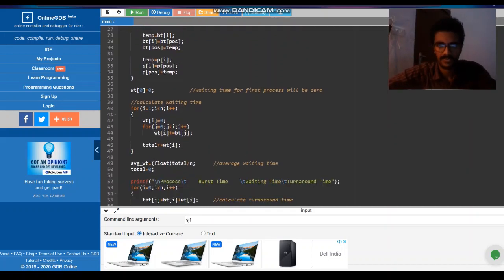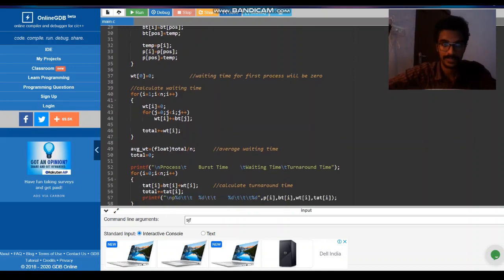This is the waiting time for the first process. So calculating the waiting time: for i equal to 1, i less than n, i plus plus, we open the braces, wt of i equal to 0. For j is equal to 0, j is less than i, j plus plus, wt of i plus equal to the burst time of j, meaning wt of i is equal to wt of i, the waiting time of i, plus the burst time of j.